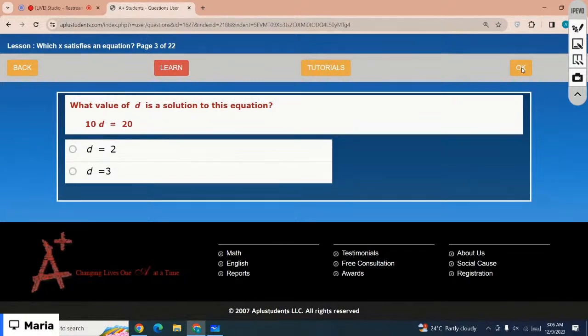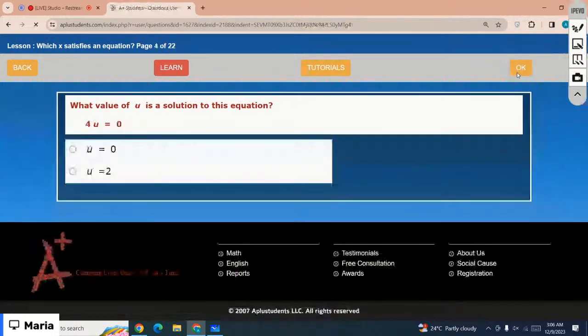What value of d is a solution of the equation? Which is the correct option? Very good. The correct option is d equals 2. d equals 2 is the solution of the equation, right?